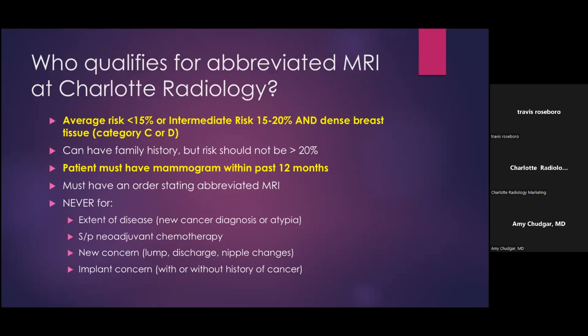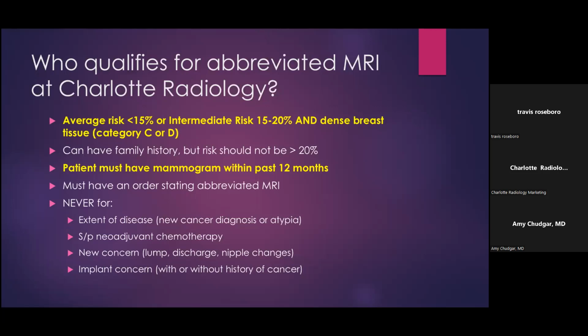So we started doing abbreviated MRI at Charlotte Radiology, I think around this past spring or summer. And the people who would qualify for this are going to be patients who are average risk. So they have a less than 15% lifetime risk of developing breast cancer, or they fall into the intermediate risk category, so 15 to 20%. And they have dense breast tissue.